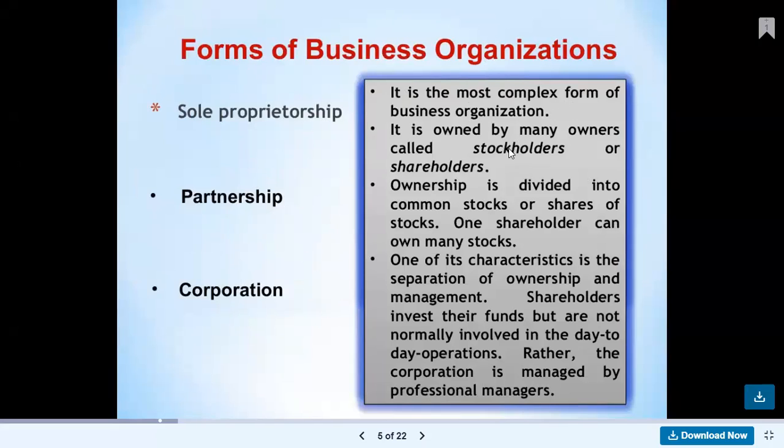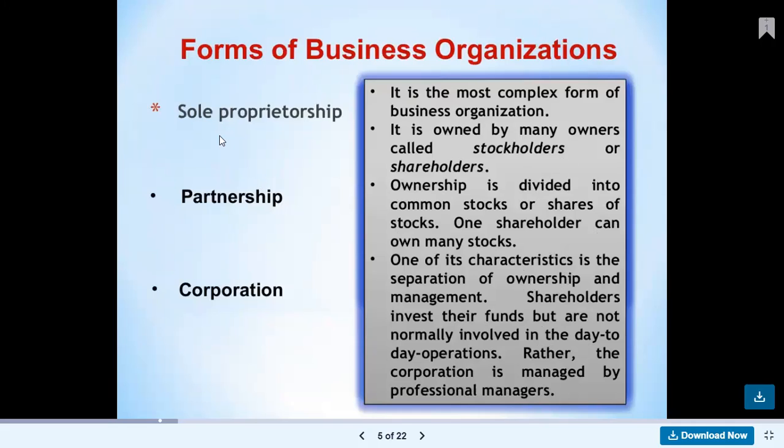It is owned by many owners called stockholders or shareholders. Ownership is divided into common stocks or shares of stocks. One shareholder can own many stocks. One of its characteristics is the separation of ownership and management. Shareholders invest their funds but are not normally involved in the day-to-day operations. Rather, the corporation is managed by professional managers. So what is the answer?